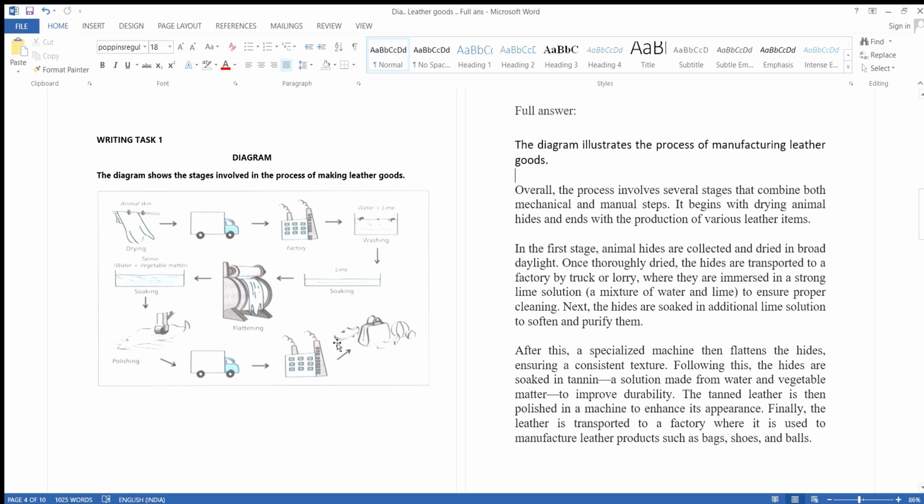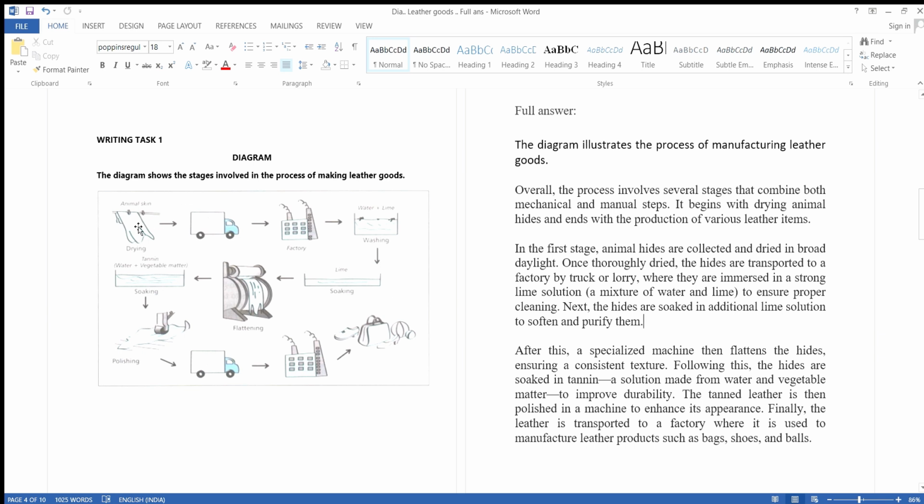And because there are many leather items which are being produced, the word is various. What you have to take care is, when you use the word begins with, the same pair should be followed here, which is ends with. Moving on to the body paragraphs. Before that, let's see the word count of overview paragraph, which is again 28 words.